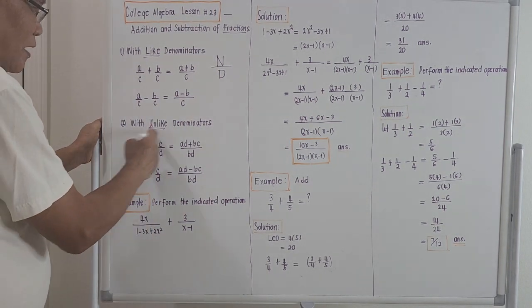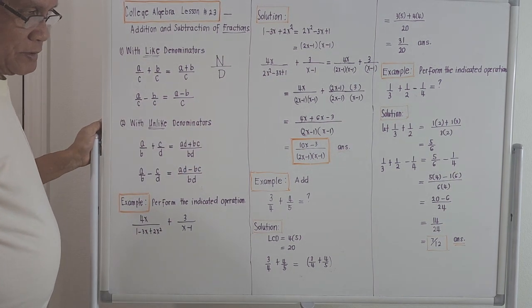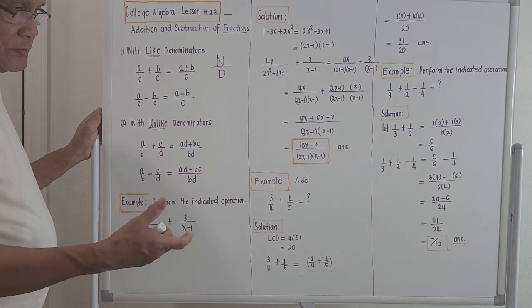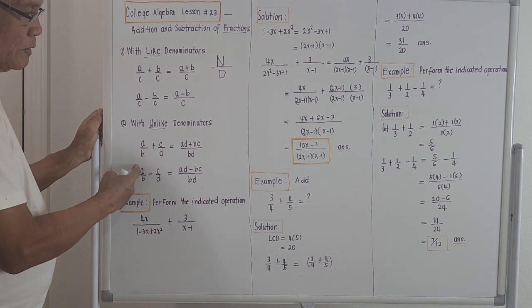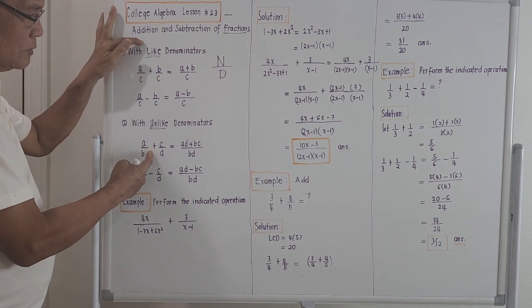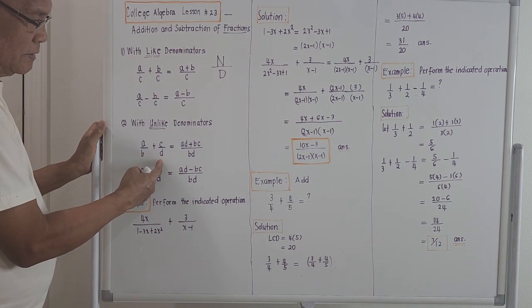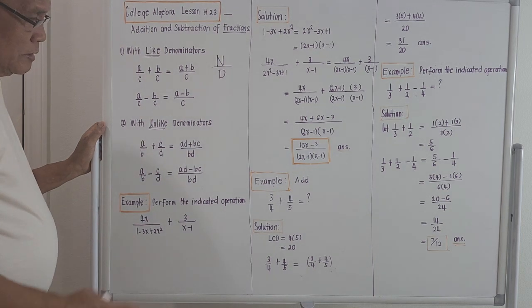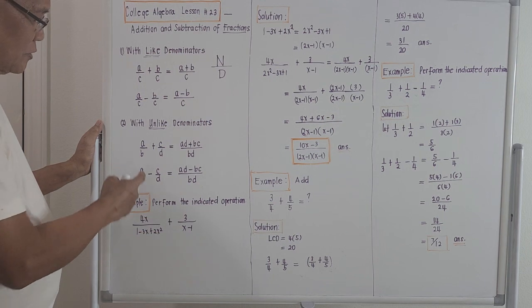With the unlike denominators, we will now represent two fractions with different denominators, that is a over b plus, for addition, c over d. And this should be equal to, if you notice, the denominators are different, that is b and d.